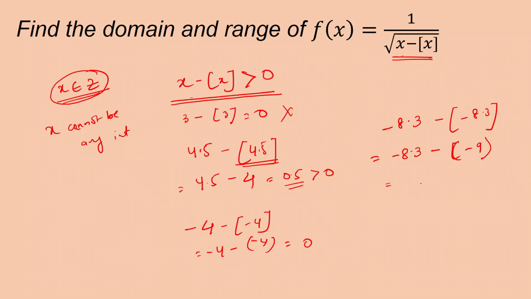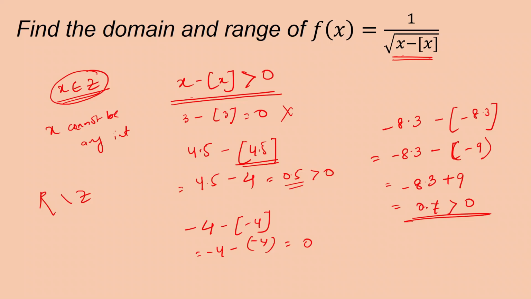Don't write it as minus 8. Okay, so minus 8.3 plus 9 again gives you something positive. 0.7 is positive. So that is acceptable. So that means our domain is all the real numbers except for integers. Otherwise, you can take any number, positive or negative, anything will work except for integers.